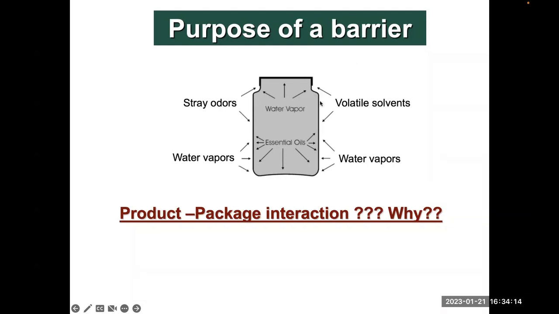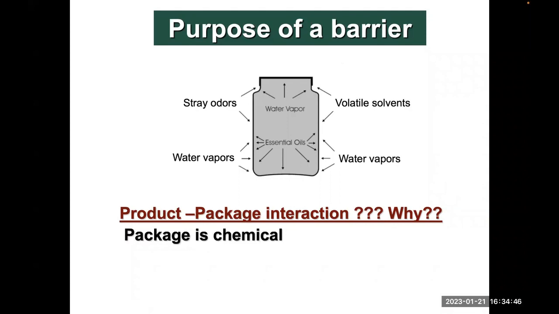For example, you have a label. Now, label is printed, for example. So if it's printed, it has ink, and ink may have solvents as well. So those volatiles from the inks can also come. You have molecules that are present inside the product. They can also come into the package, and they can also transmit through, or they can also be sorbed. So let's first try to understand the product package interaction.